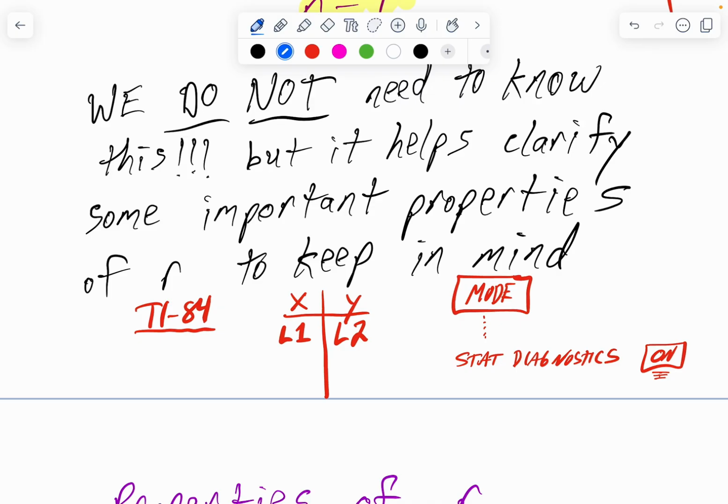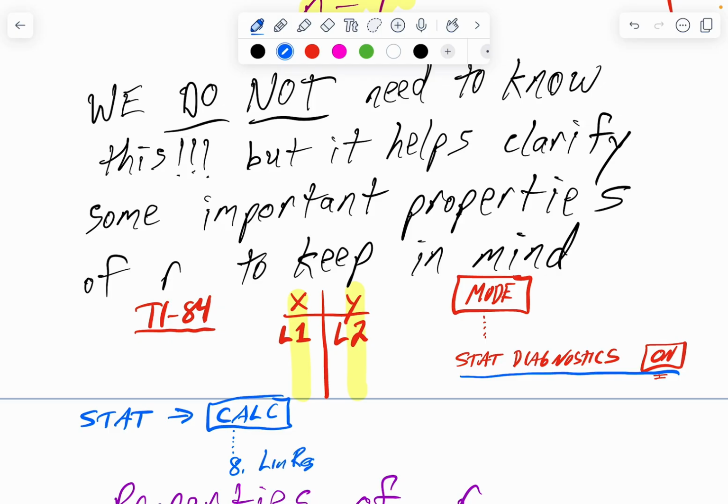So assuming you have the data in L1 and L2, and your stat diagnostics are on, to get the correlation coefficient, go to the Stat button, right arrow over to the Calculate menu, and go down to the 8th option, which says LinReg(a+bx). Hit Enter, and your calculator will ask for X list and Y list, which will almost always be L1 and L2.